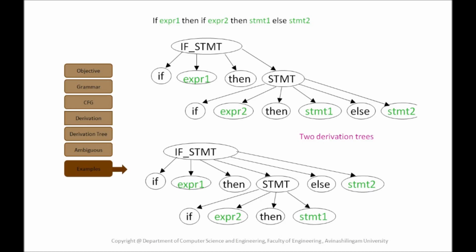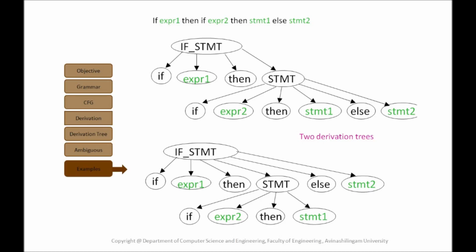So we have the derivation tree here. First we replace the if statement by the first production, that is if expression then statement. Again this statement is replaced using the second production, that is if expression 2 then statement 1 else statement 2, that is if then else.